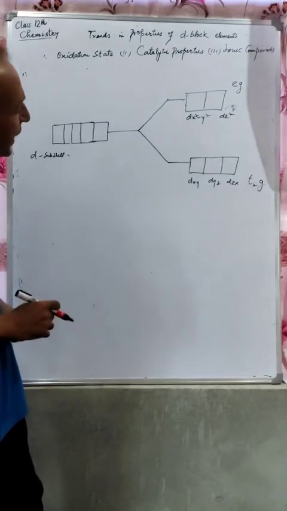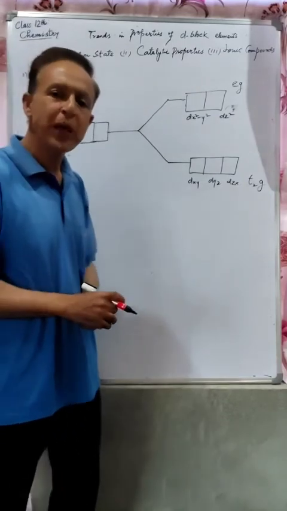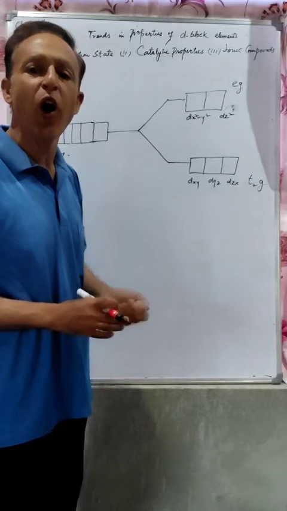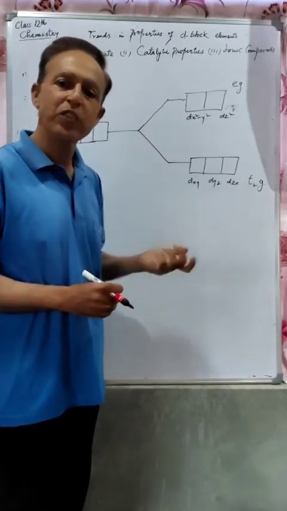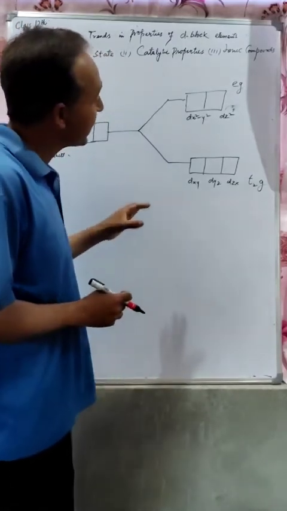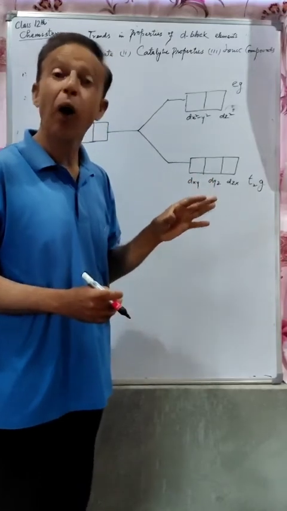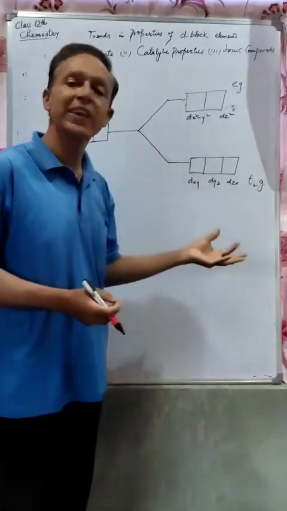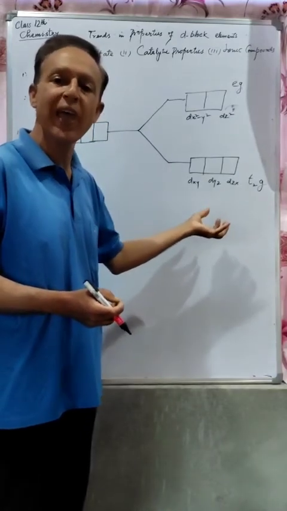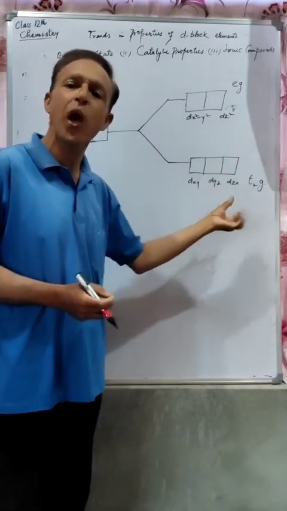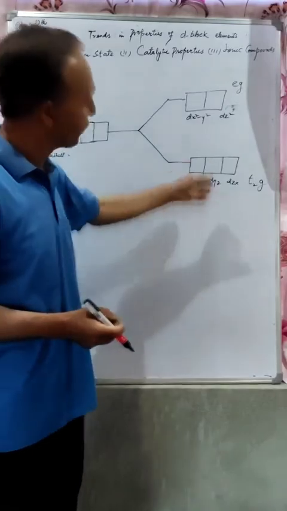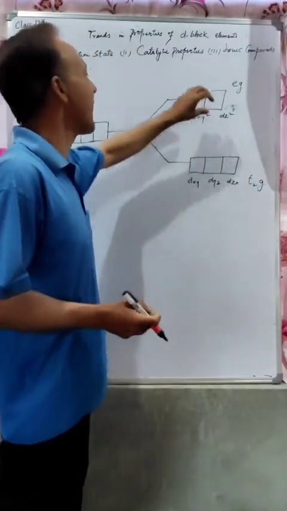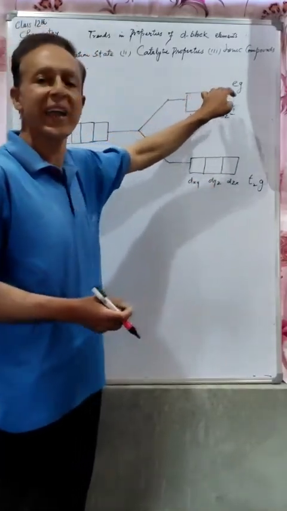Now, where do they get the energy from? They absorb the energy from the radiation of visible light, radiation of light of a particular wavelength. तो ये विजिबल लाइट के रेडिएशन जो हैं ऑफ पर्टिकुलर वेवलेंथ, उनको एब्जॉर्ब करके ये इलेक्ट्रॉन शिफ्ट होते हैं, एक्साइट होते हैं टू द हायर एनर्जी लेवल.